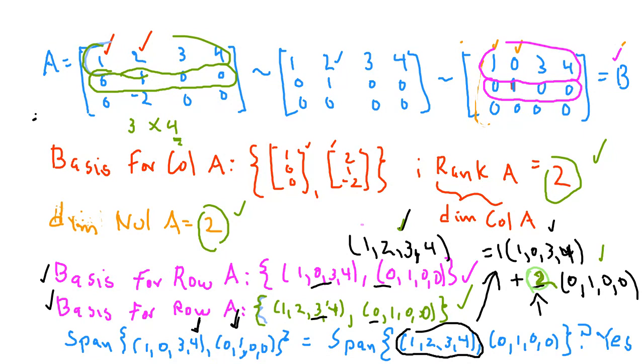That's why when you identify the pivot columns of the reduced form of the matrix A, whether it's echelon form or reduced echelon form, you have to go back for the column space of A and find the corresponding columns to the pivot columns in the original matrix A. But you don't have to do that for the row space, and this is just a little discussion problem so you can see that.